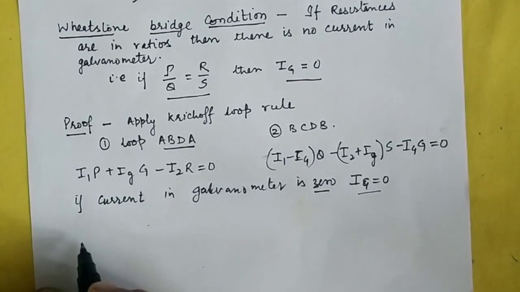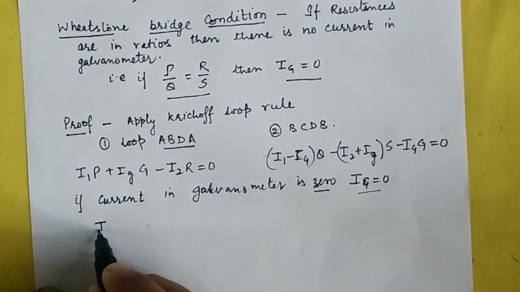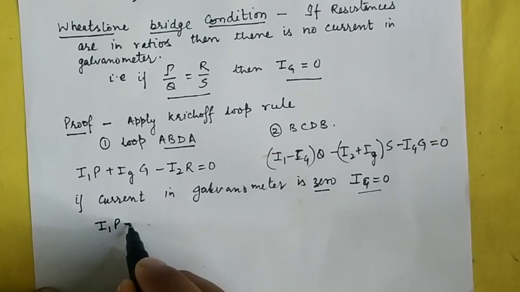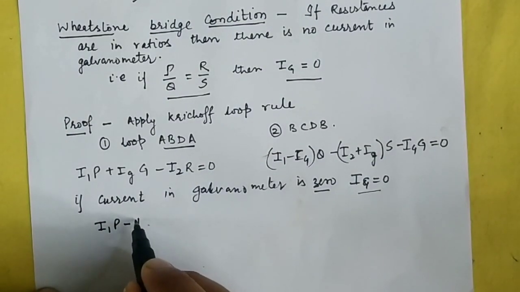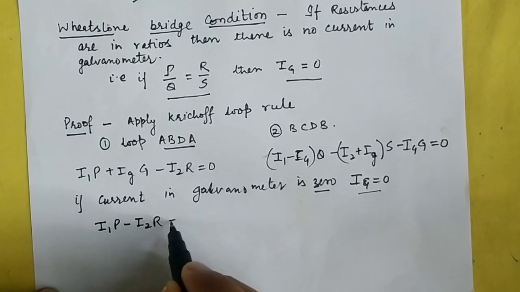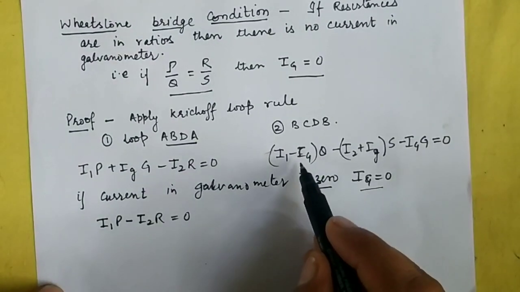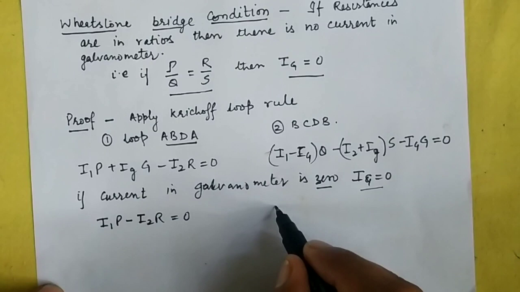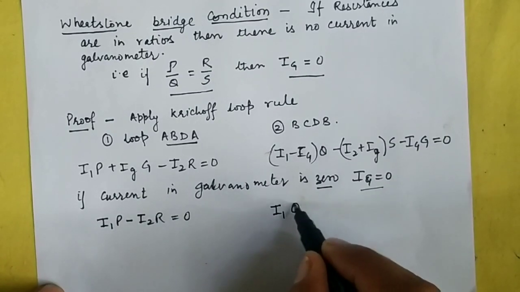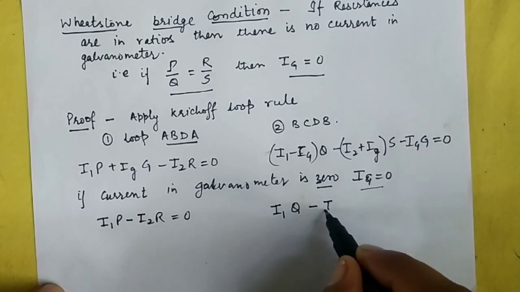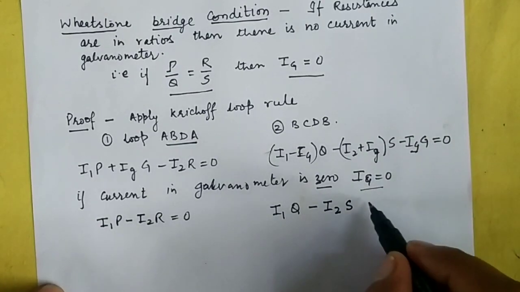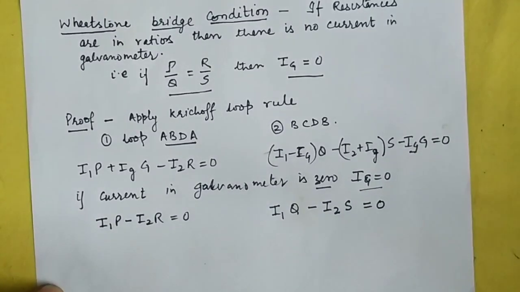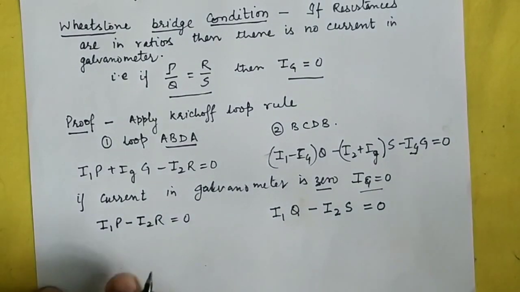First we put it in this equation. So it becomes I1 P plus, see here, IG is equal to 0, so we are left with only I2 R equal to 0. Put the value of IG equal to 0 in this equation. So I1 into Q minus I2 into S, G times IG is equal to 0, so it is equal to 0.